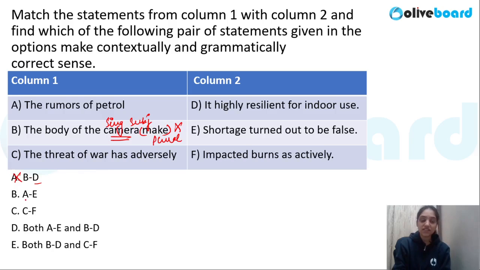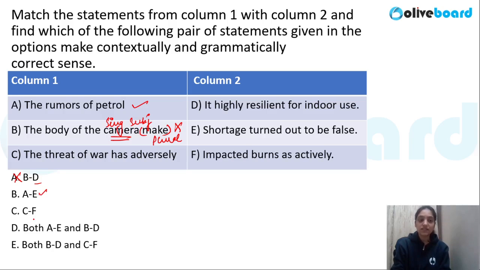Option B says AE must be a pair. Let us verify. A says the rumors of petrol and E says shortage turned out to be false. Now this seems grammatically and meaningfully correct. So AE is correct. Let us verify whether CF is a pair or not.